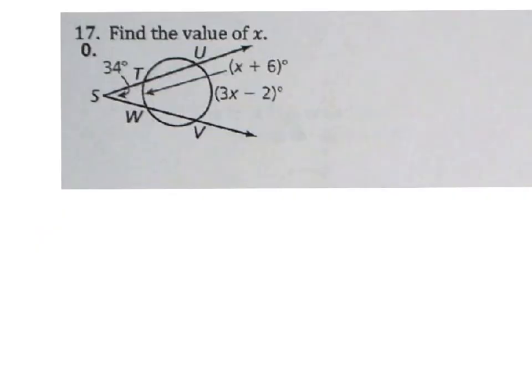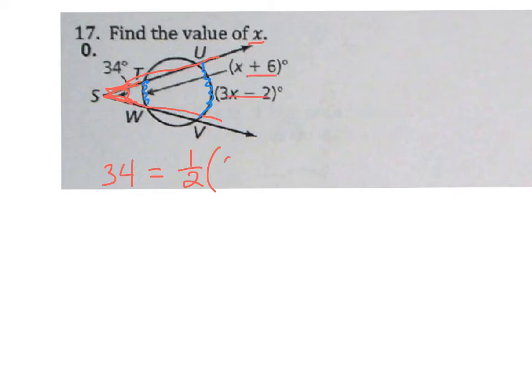Now for this next example, I'm looking to solve for x. We have an angle 34 outside of my circle formed by these two secants. All right, they give us the measure of the inside arc and the outside arc. So if you remember, according to my theorem, the angle outside that 34 is going to be equal to half the difference of these two arcs.